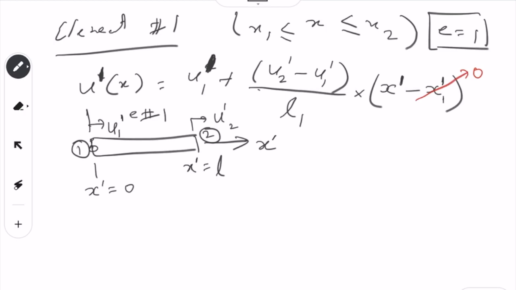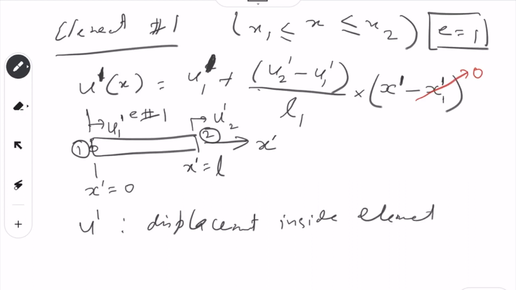For this one, u1 means the displacement inside element number 1 in the local coordinate system.